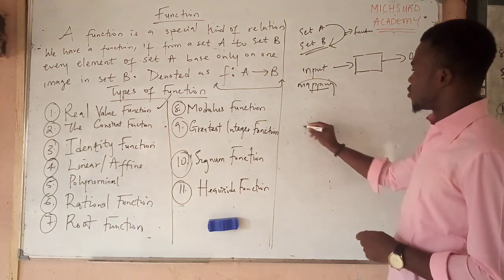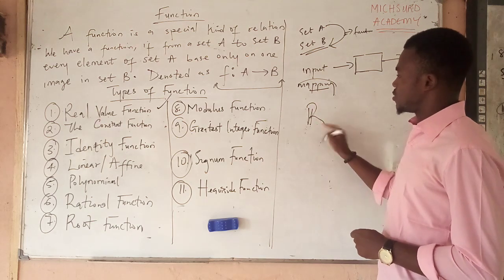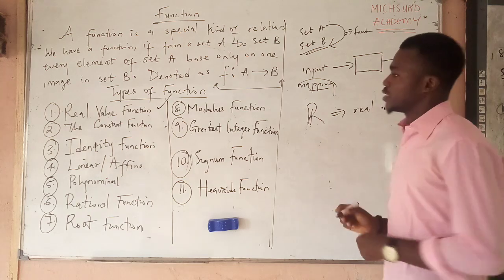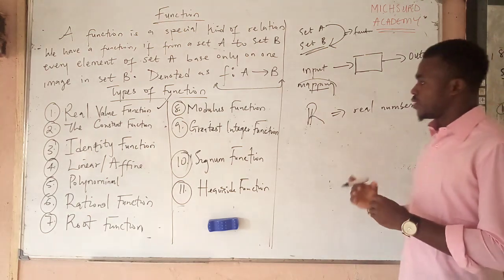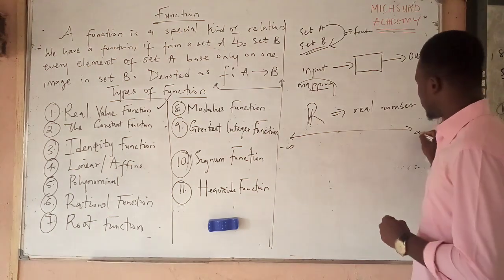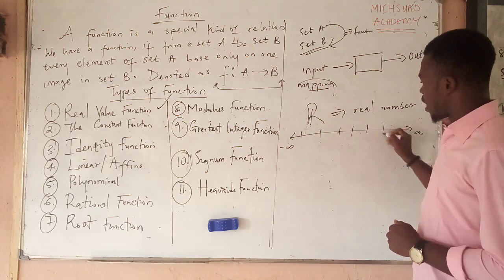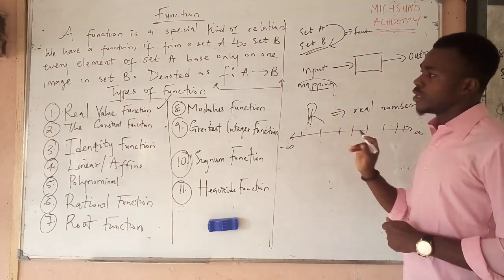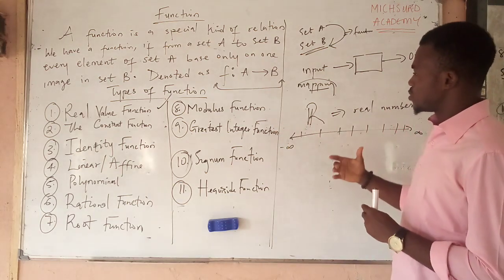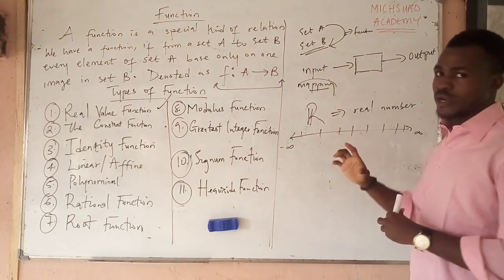Now, for the real value function, we talk about real numbers. So what are real numbers? Real numbers are the set of values that fall on the number line. A real value function is a type of function that gives us an output that is a real number.